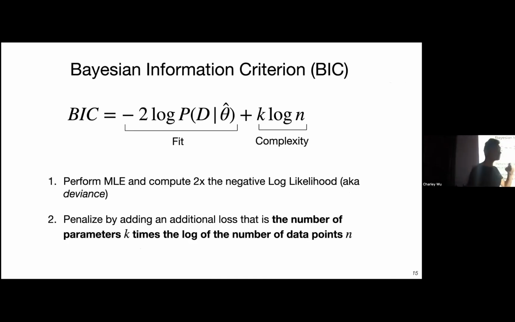So when n, the number of data points, is 8 or more, this term is going to be larger than for AIC. So BIC in practice penalizes much more strongly for the number of parameters in the model. It's going to be more likely to choose simpler models than AIC does, as long as you have 8 data points or more when you're estimating it.